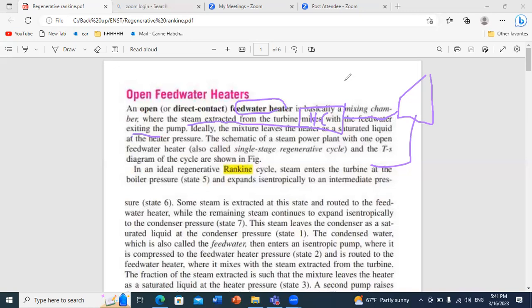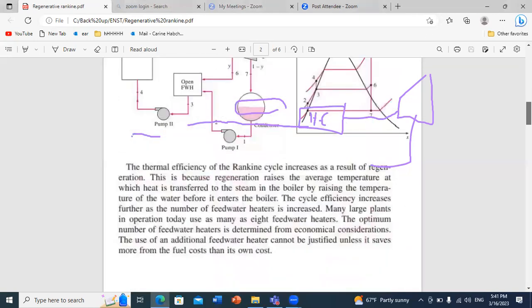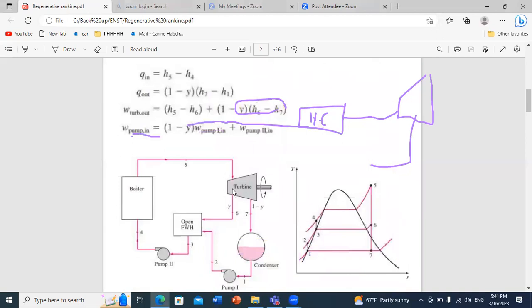Here, this is an internal cogeneration, because you will take part of the steam from this turbine, to benefit from the relatively high temperature at this level, in order to mix it with the exit of the first pump. And here you have two stages, pump 1 and pump 2.